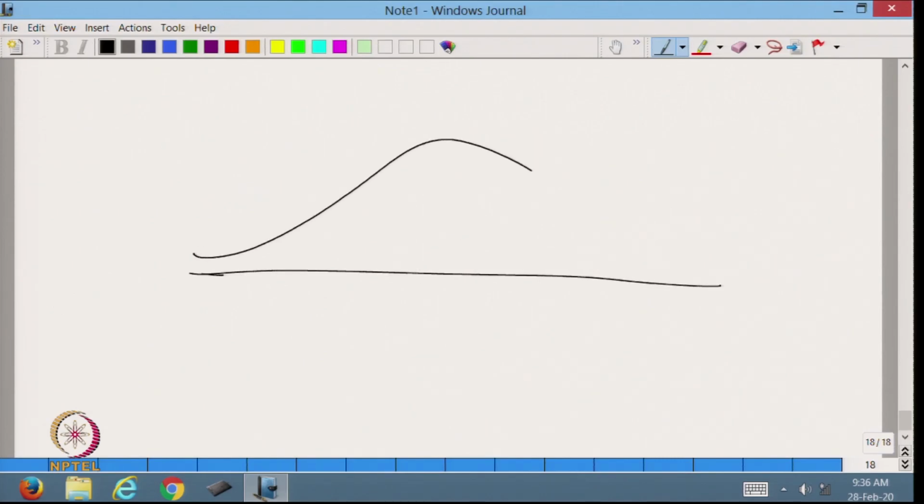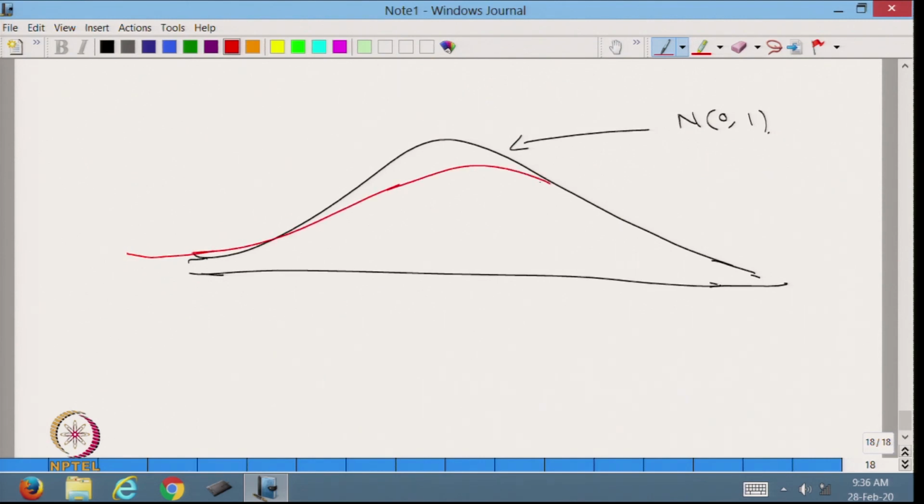Suppose this is a normal 0,1 diagram, the normal 0,1 density. Then T will look slightly flatter than that, and as the degrees of freedom increases, it will go like this.